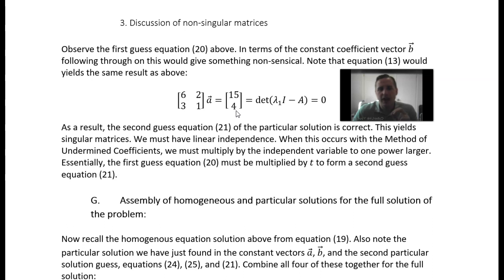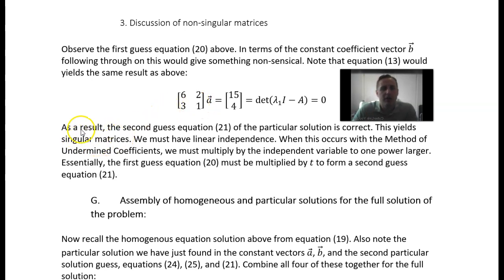And that's the determinant of lambda 1 I minus A. Remember, that was equation 13 I said a long time ago we would come back to, equals 0. But notice that that's only true if a here is an eigenvector, which really is just like the homogeneous solution.